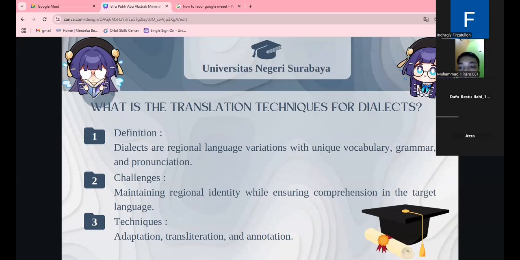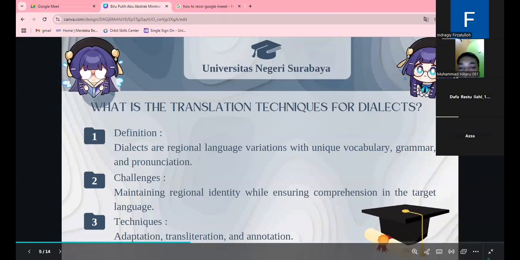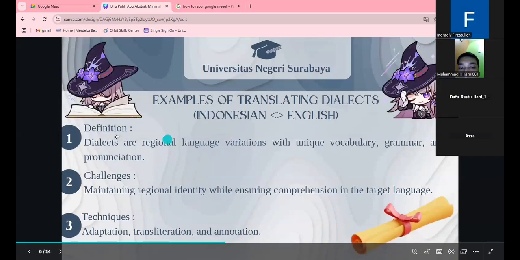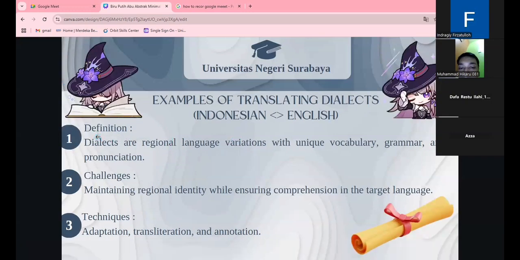Techniques used in this context include adaptation, where cultural references are modified, transliteration, which involves converting text phonetically, and annotations, which provide additional context or explanations for specific terms.